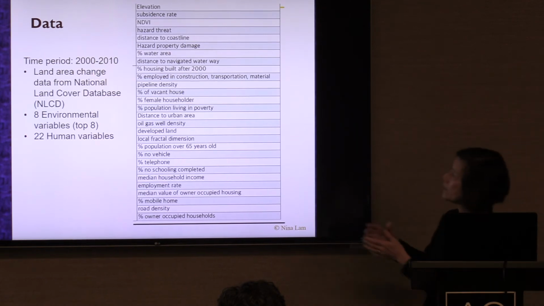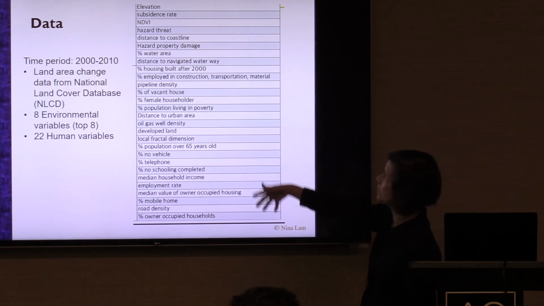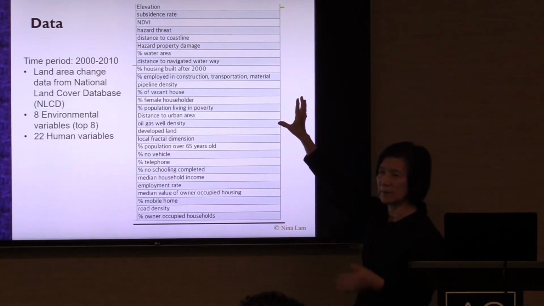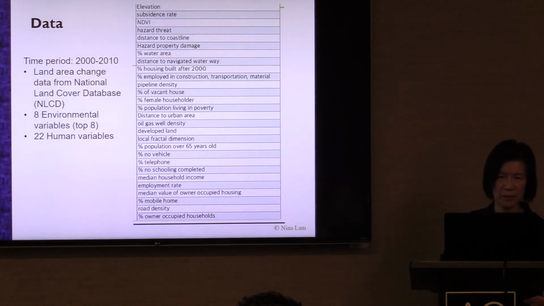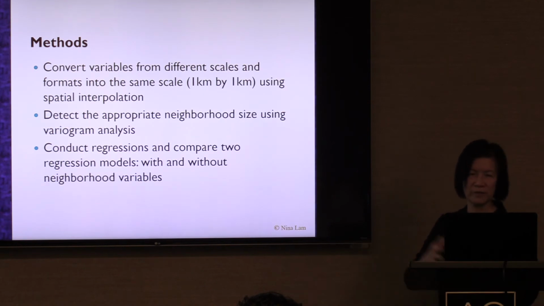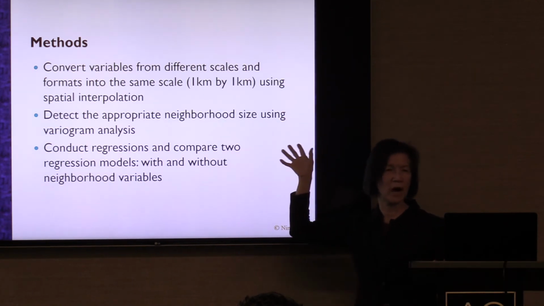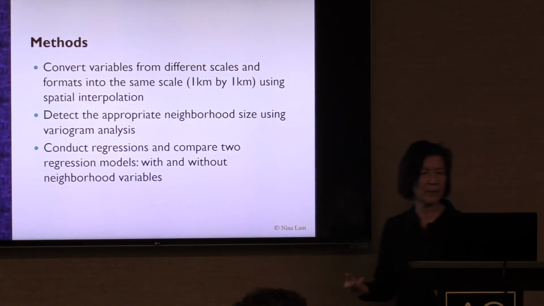So we use the same data that we have, a bunch of variables: elevation, subsidence rate, physical variables, and human variables. Totally, we have 8 environmental variables and 22 human variables. We convert all these variables from different scales into 1 kilometer by 1 kilometer. That's, again, very arbitrary, but we have to start somewhere.